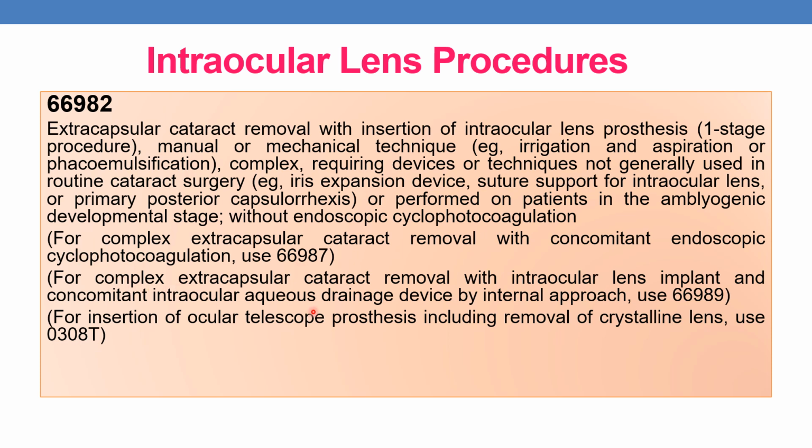And for complex extracapsular cataract removal with intraocular lens implant and concomitant intraocular aqueous drainage device by internal approach, you need to use 66989. And for insertion of ocular telescope prosthesis, including removal of crystalline lens, use 0308T.